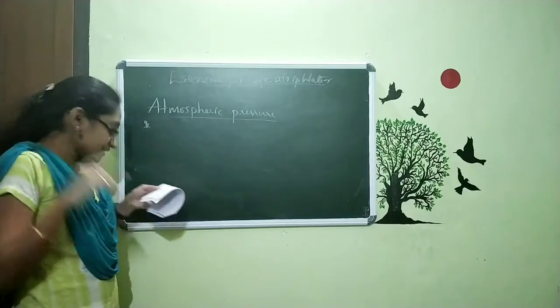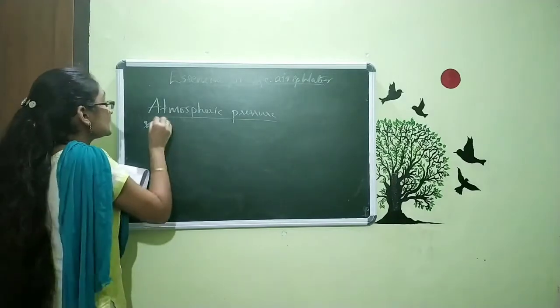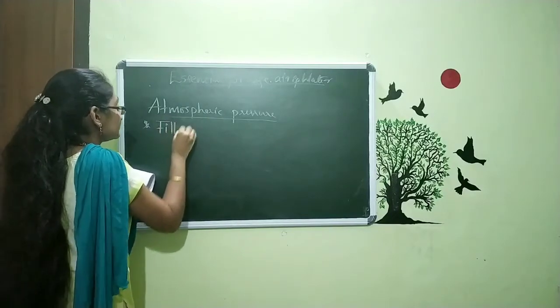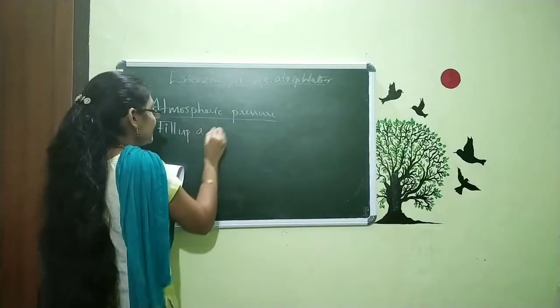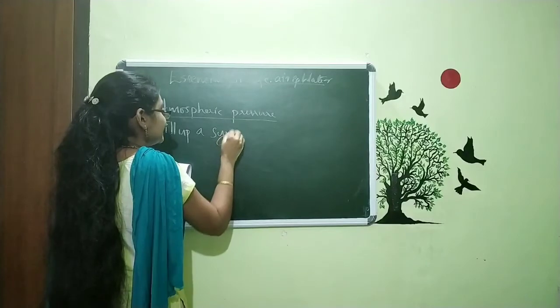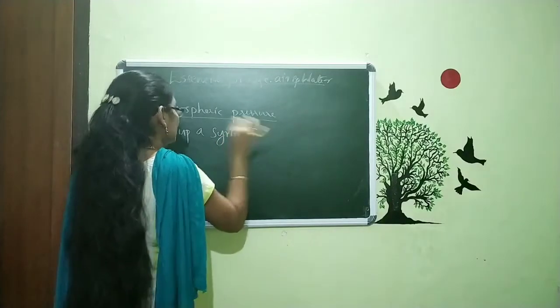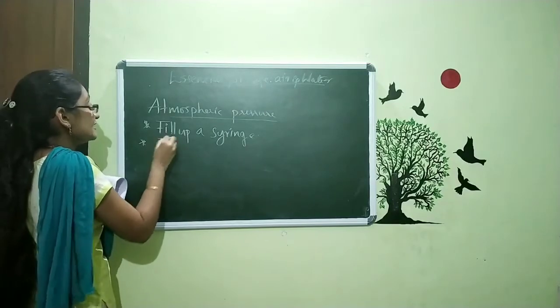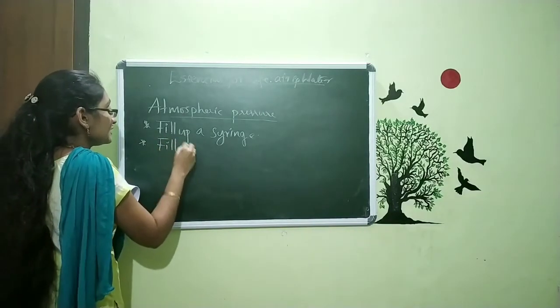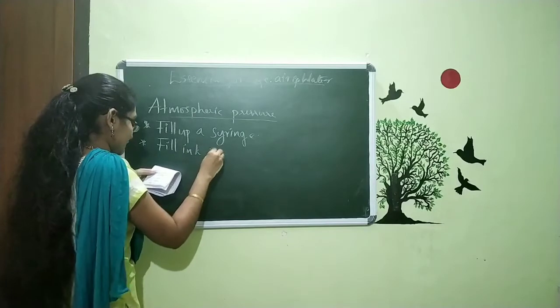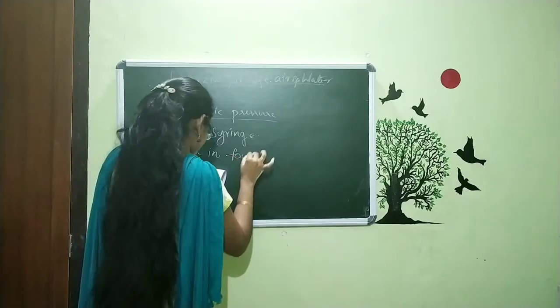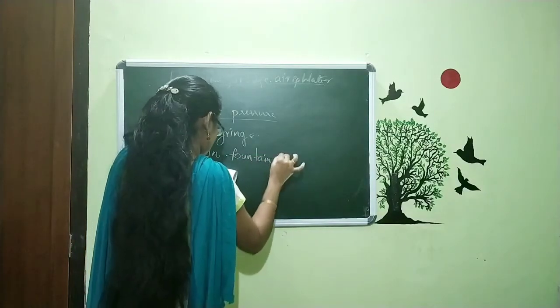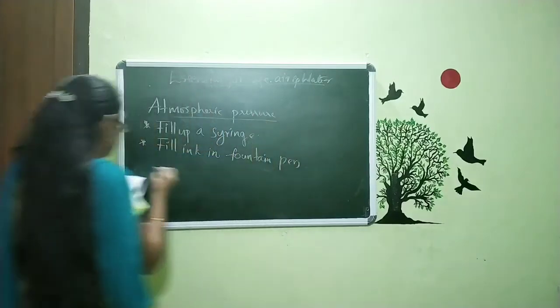That's all. Using this atmospheric pressure, some things are happening in our daily life. The thing is this, we can fill up a syringe. Another, we can fill ink in a fountain pen.